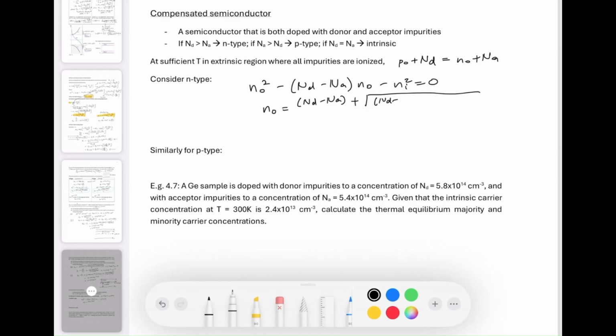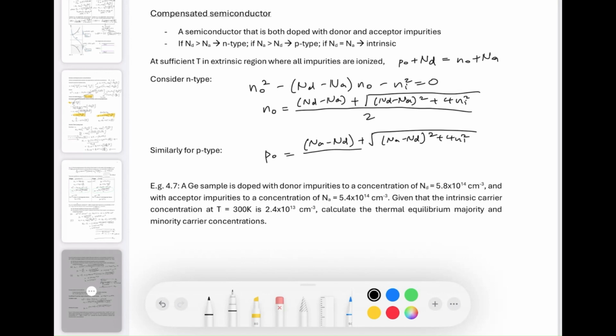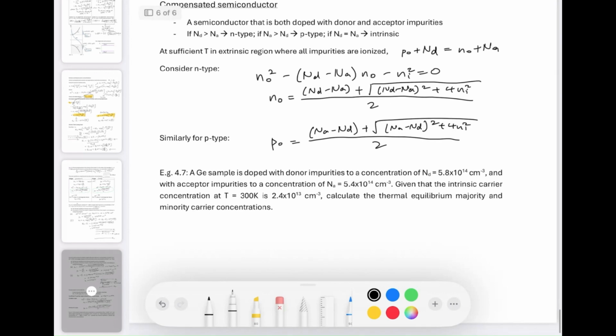As you can see, it's basically the same thing as just now, but instead of just using the donor or just using the acceptor, we are using the net doping. It's the same for the P-type. Because there's more acceptor than donor in P-type, it is Na minus Nd instead of Nd minus Na. Yeah, so it's just that.